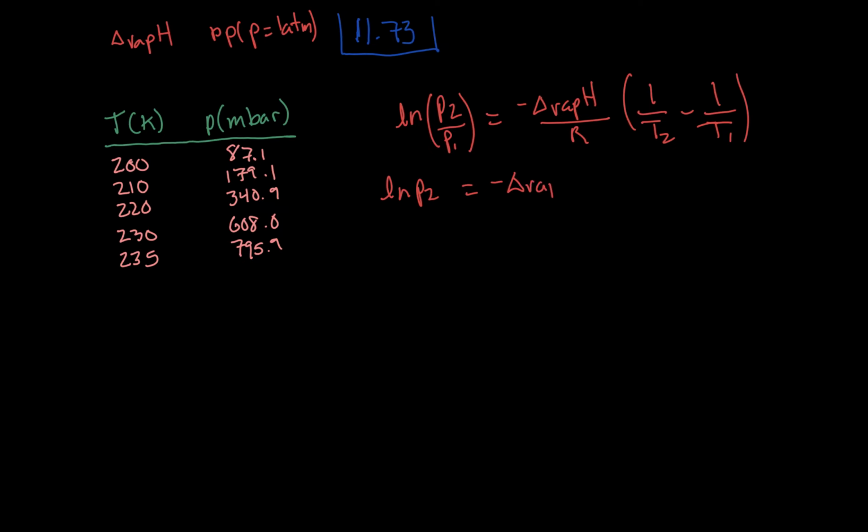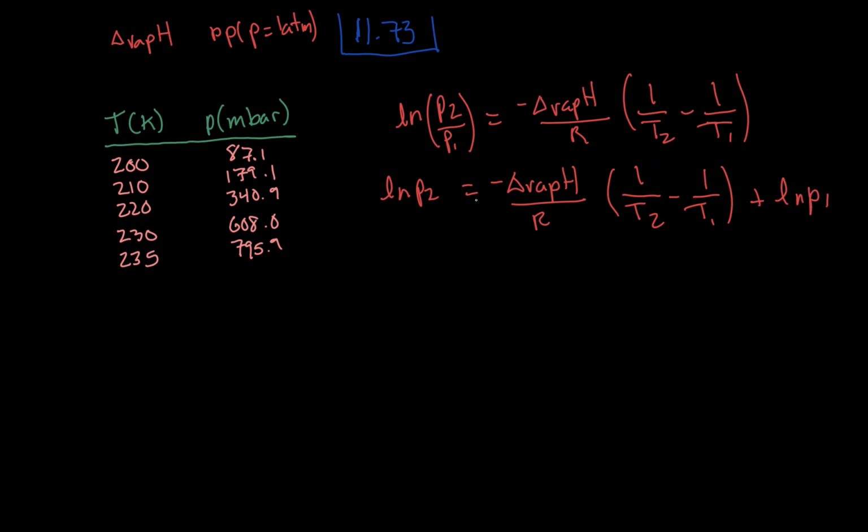You can stick all this data in Excel, and you can plot yourself something. It is going to give you a linear relationship, and if it's not obvious now, it's going to be obvious in a second. We're going to get the enthalpy value out of the slope. Plus ln p1.